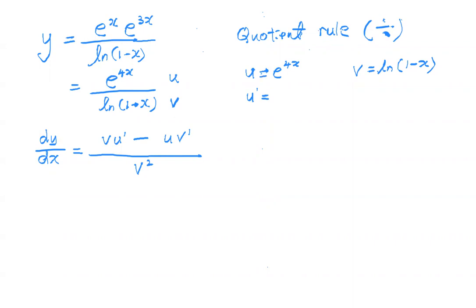So it will be: copy down the whole thing, times by the rate of change of the power, that is 4x, is 4, correct? So if you want to make it look more comfortable, you write it like that.